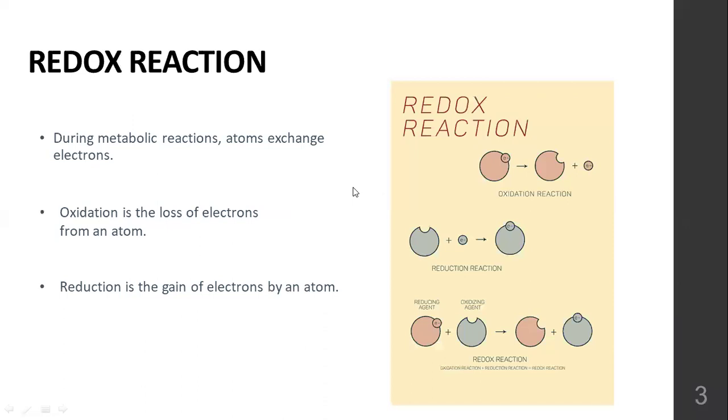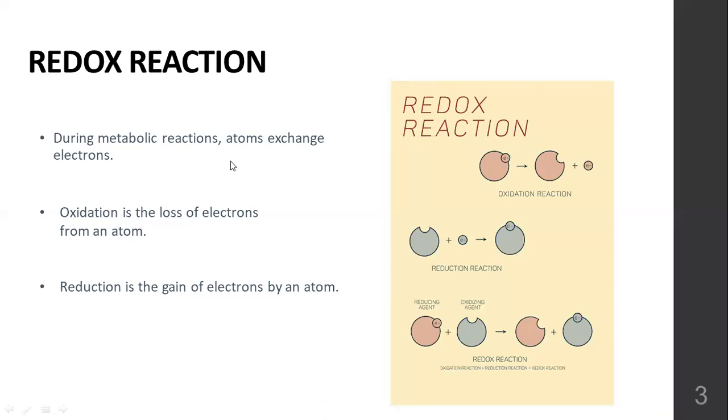Then we have the redox reaction. Redox means reduction and oxidation. During any metabolic reactions within your body, there are a lot of reactions taking place. Enzymes are working, breaking down carbohydrates, proteins, fats.